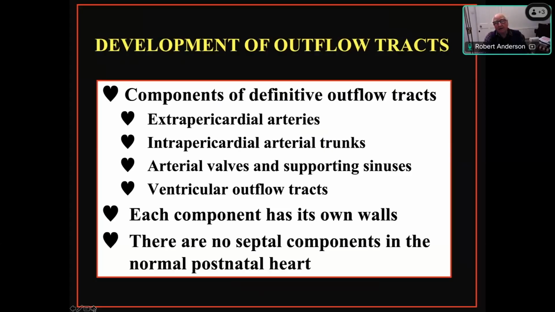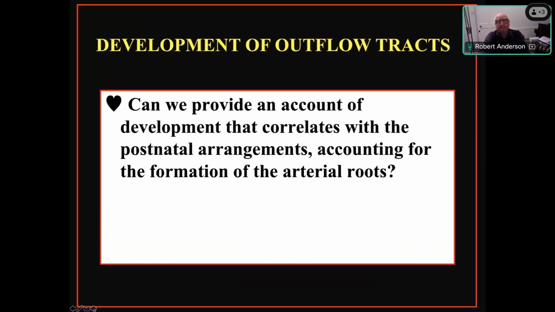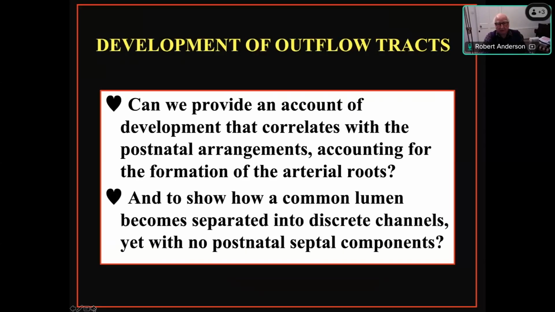So how can we explain the remarkable changes that change this channel that has a common outflow tract into the systemic and pulmonary pathways? And how can we correlate that account, which separates the lumen into pulmonary and systemic channels, also to account for the formation of the arterial roots if we only think of it in terms of the truncus conus?